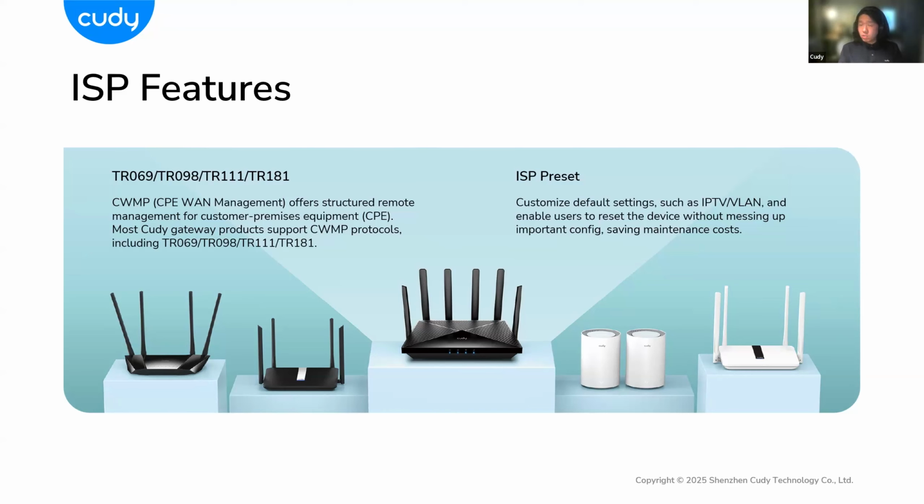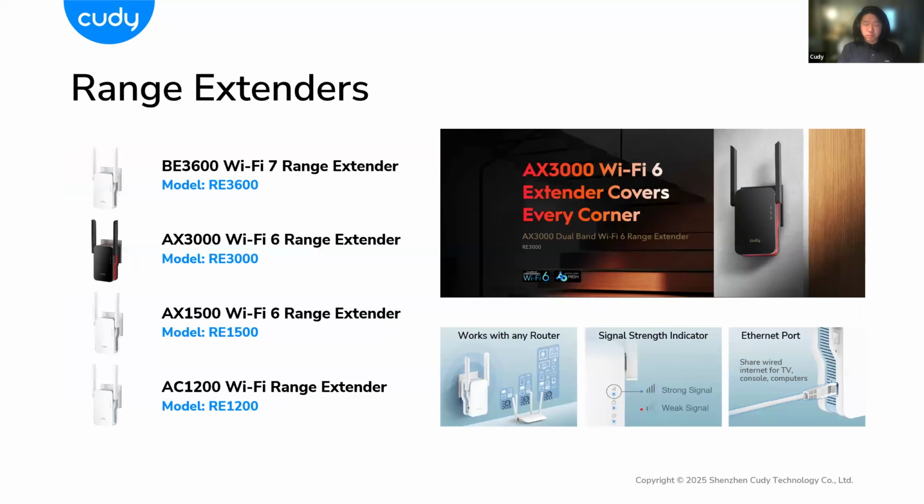So if a user gets the device and messes around with the configuration, you don't have to send someone to fix it. You just ask the user to press the reset button and everything will get back to normal. That's ISP preset.